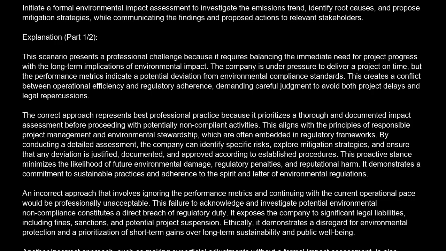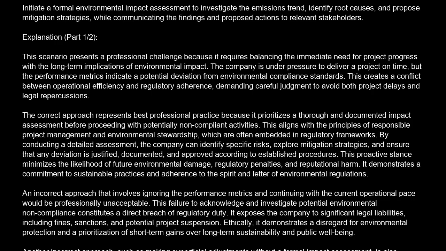By conducting a detailed assessment, the company can identify specific risks, explore mitigation strategies, and ensure that any deviation is justified, documented, and approved according to established procedures. This proactive stance minimizes the likelihood of future environmental damage, regulatory penalties, and reputational harm. It demonstrates a commitment to sustainable practices and adherence to the spirit and letter of environmental regulations.